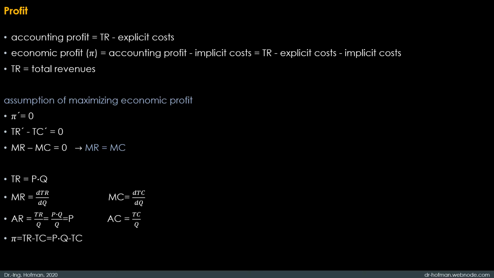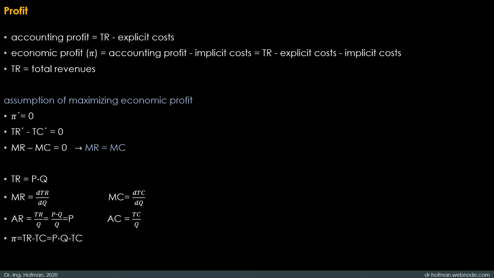We are at the maximum if the derivative of the profit function is 0, and if profit is given as total revenues minus total costs, then the derivative of total revenues minus the derivative of total costs should be 0.